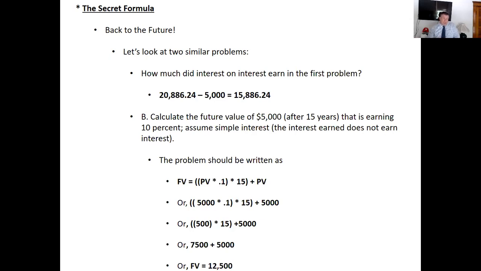Whereas if you're just patient, delayed gratification, and you let it sit there, now you have the $15,886.24 in interest. You're letting your money work for you. You're not working for your money. And again, this is the secret to being wealthy.